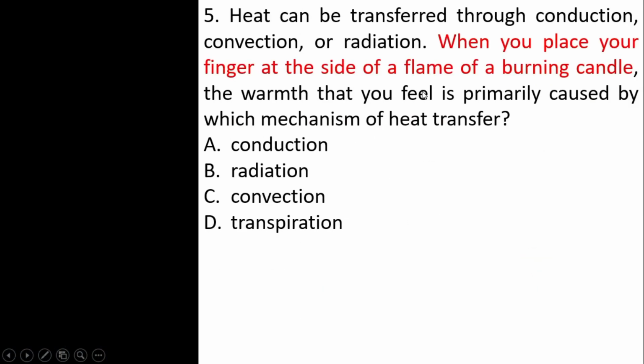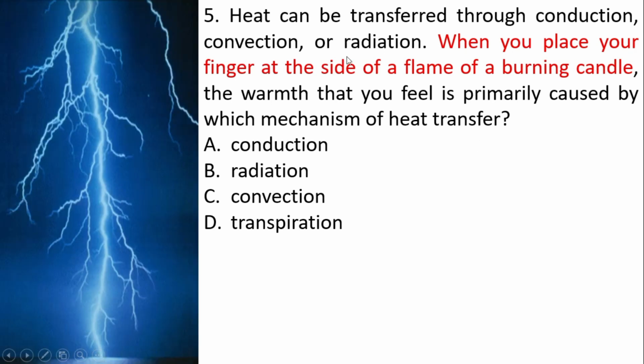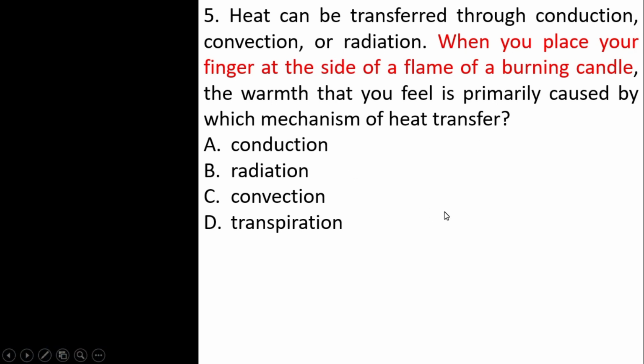Number 5. Heat can be transferred through conduction, convection, or radiation. When you place your finger at the side of a flame of a burning candle, the warmth that you feel is primarily caused by which mechanism of heat transfer? Okay, I know you're already familiar with this one. Conduction, there's direct contact.